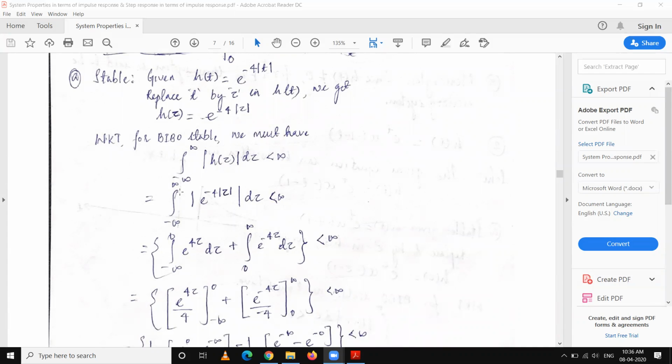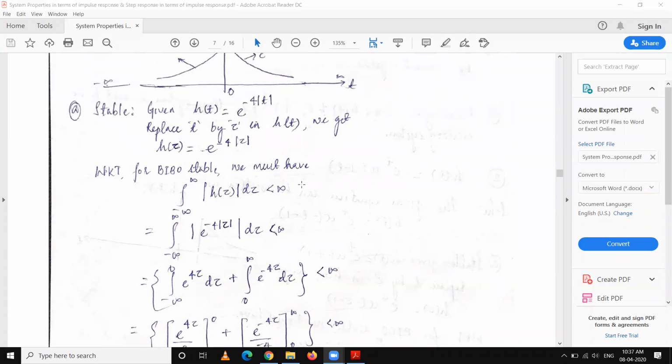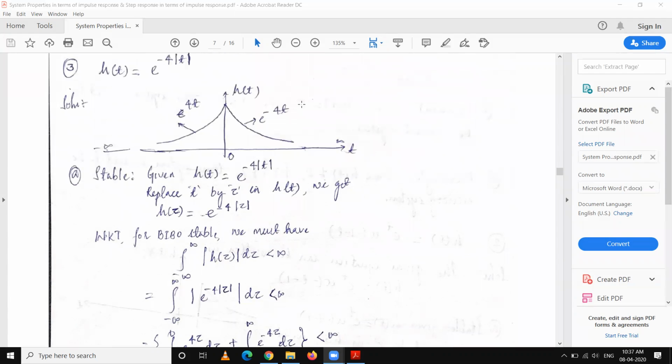So put the value of h of tau here: integration from minus infinity to plus infinity of mod of e raised to minus 4 into mod tau d tau less than infinity. How to take the integration here? We have to start from left to right.